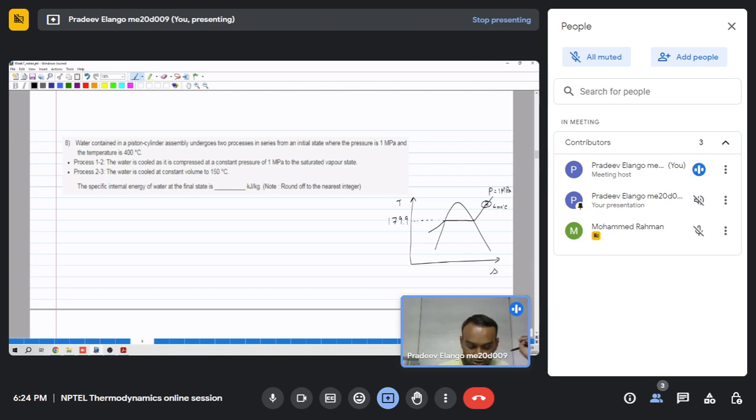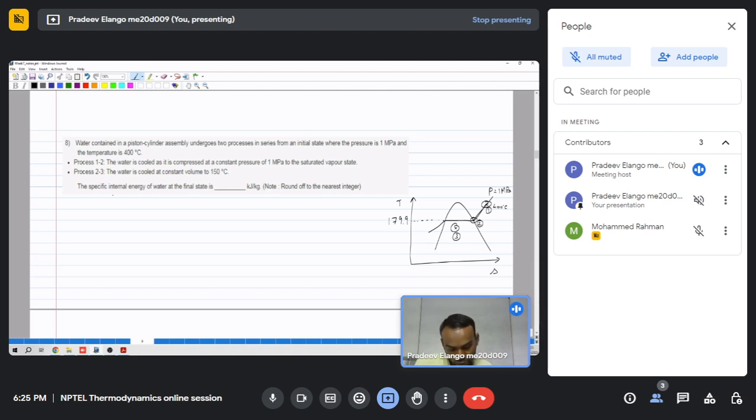So now when it is cooled at constant pressure of 1 megapascal, it should have reached this state. So this is 1, this is 2, and from there it is cooled at constant volume to 150 degrees Celsius. It could be somewhere here inside. We do not have the volume in the TS diagram, so we can go through the steam table and get this third point.